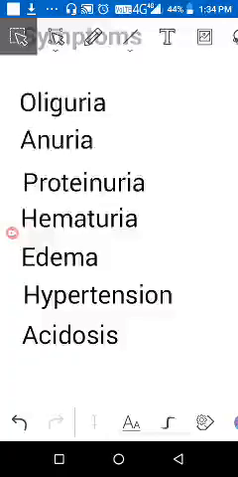This carbon dioxide, on accumulation in blood plasma, can form carbonic acid first. This carbonic acid can dissociate into H+ ions, right? So these H+ ions can increase the acidity of the blood. That condition is known as acidosis. That means the increase in the acidity of the blood. That is what is called acidosis.